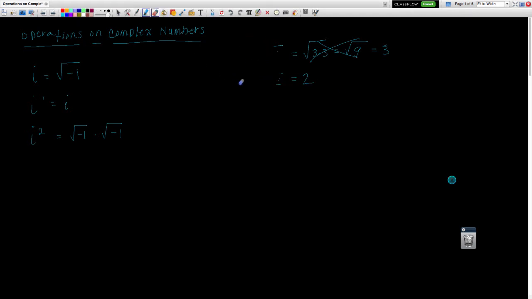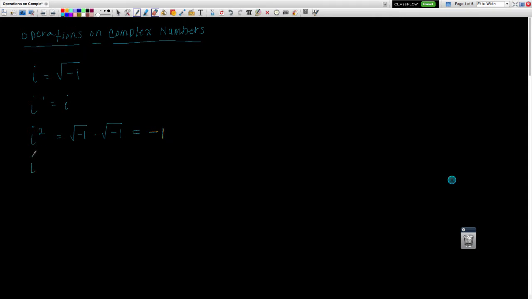All right, so the square root of -1 times the square root of -1 is -1. So i squared is -1.